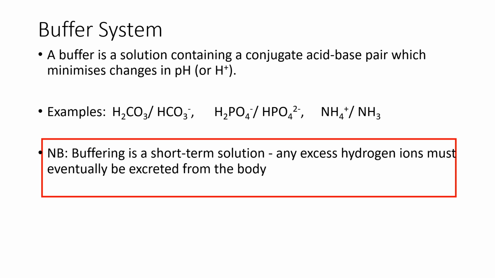Now, different types of buffer system are present in the body, and essentially they include the bicarbonate buffer system, the phosphate buffer system, and the ammonia buffer system. It is important to know that buffer is a temporary solution to changes in acidity and alkalinity of the body.